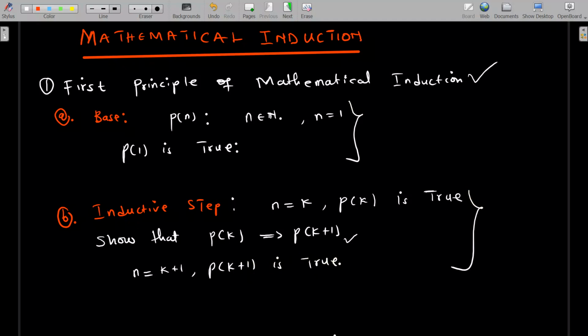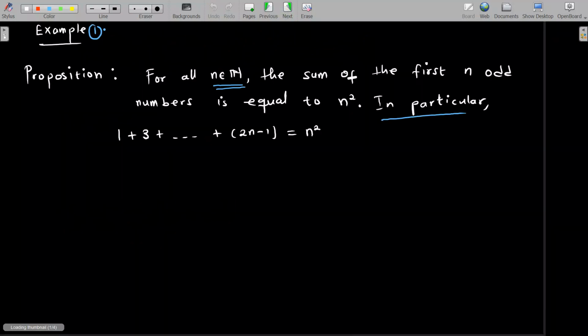Using these two methods is what we call the first principle of mathematical induction. The next one, strong induction, we'll tackle in another video. The only difference is that mostly your base cases are more than one.